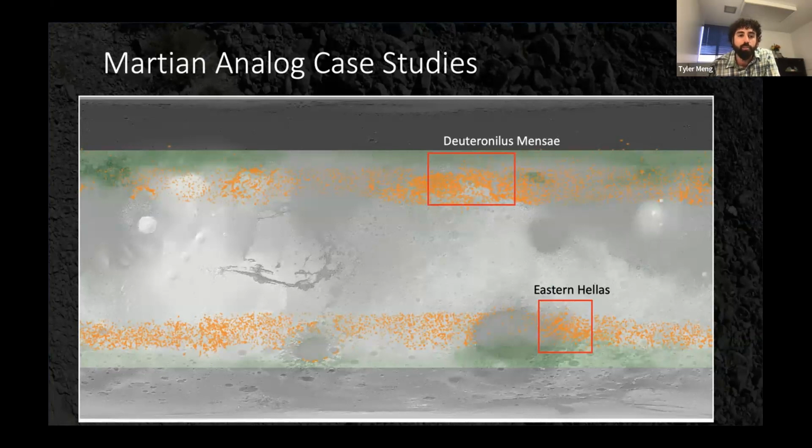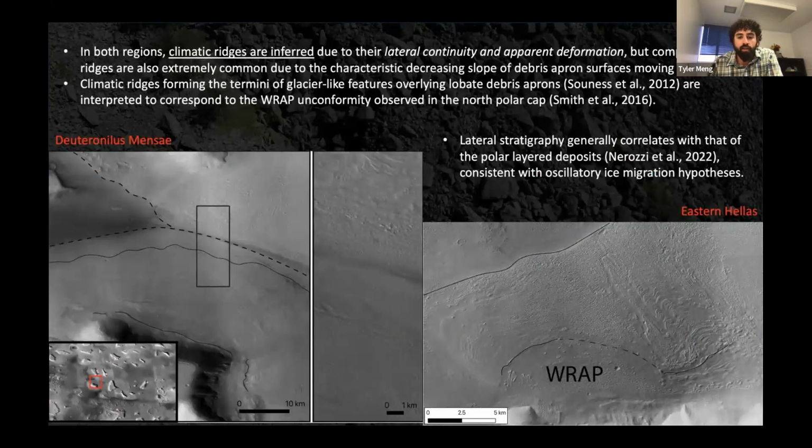I've highlighted a couple of the most dense regions of debris covered glaciers on Mars. And I've zoomed in on a couple of these areas where we also see just an abundance of these ridges and arcuate surface morphologies, both in the northern and southern hemisphere of Mars.